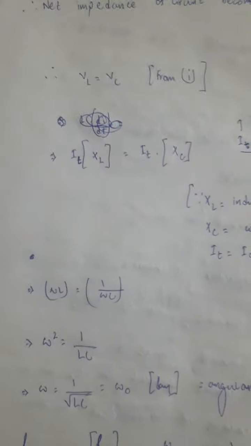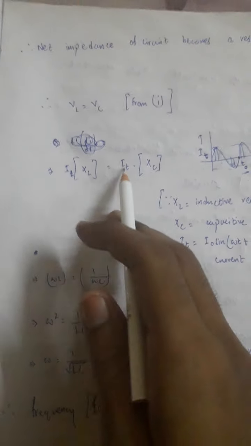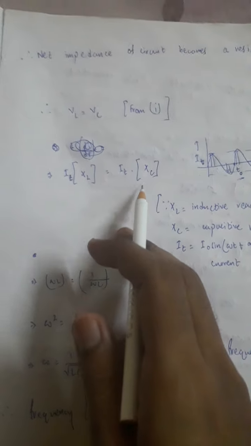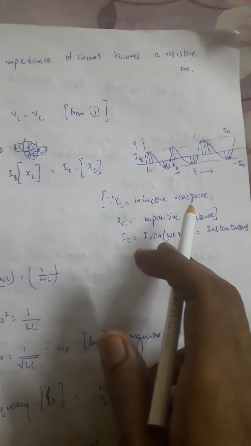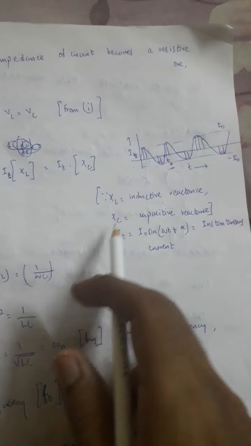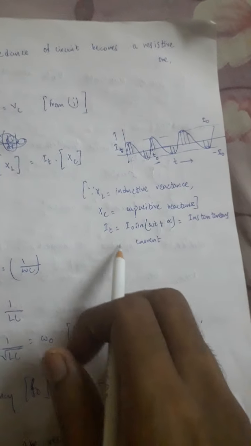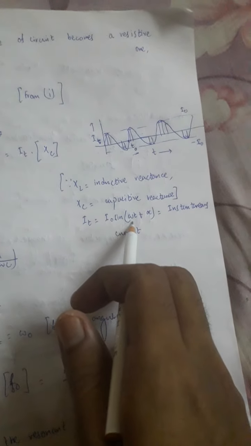Okay, so here it gets cancelled out, so XL is equal to XC, where XL is the inductive reactance and XC is the capacitive reactance, and here the current is equal to I naught sin(omega t plus alpha).